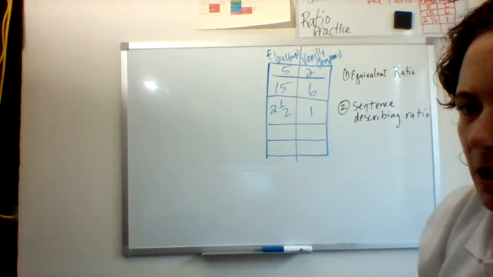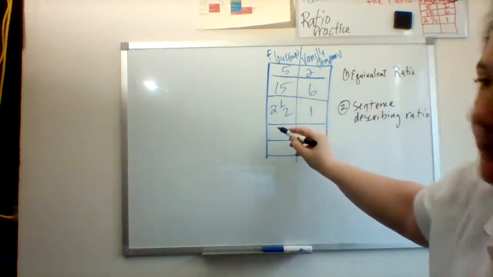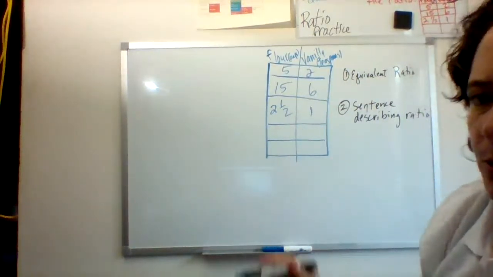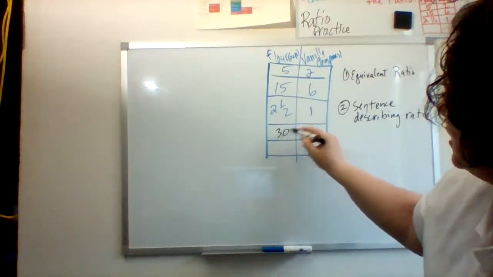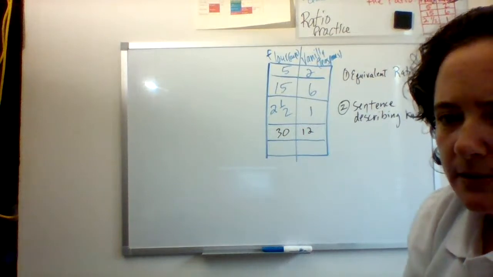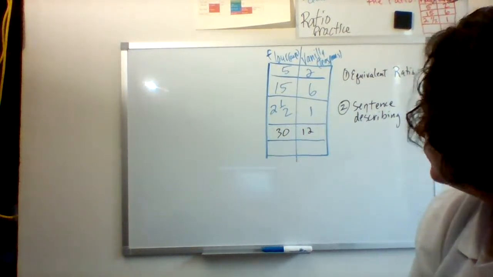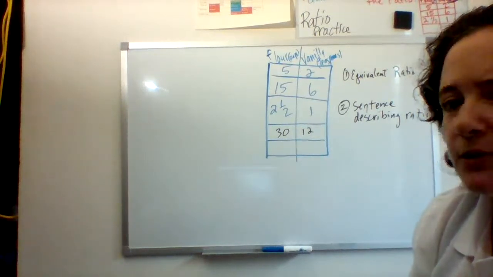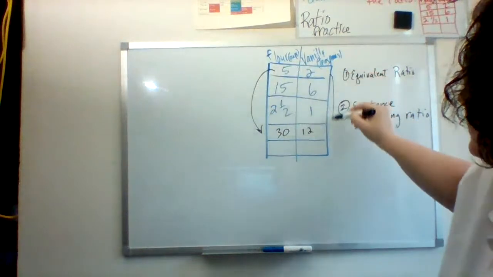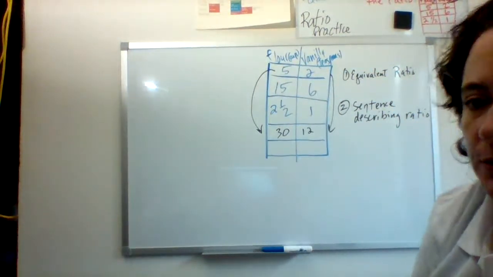So Alex says an equivalent ratio for number one is 30. Oh, you're retracting that? So 30 to 12? All right, let's test it. Now, we know that it's an equivalent ratio if there's a factor that I can multiply 5 by and 2 by, and I will get a result.